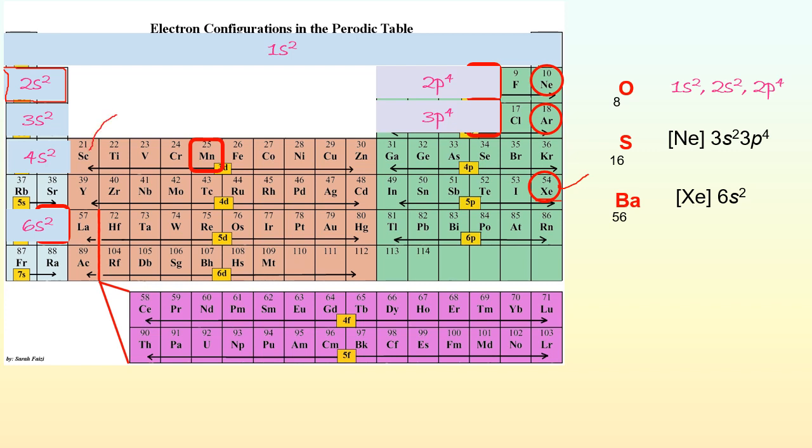It is d1, d2, d3, d4 and d5. So 3d5. So what is the correct electronic configuration for manganese? Argon, then 4s2, 3d5. Okay students, so this is the method to write electronic configuration for any element. It's the simplest and the easiest method.